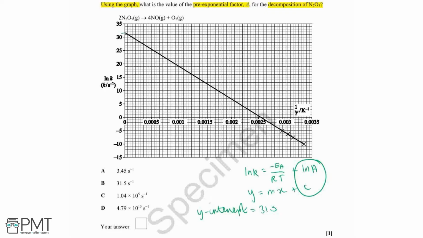So that means that ln A is going to be 31.5, but we just need to work out what the value of A is. So to work that out, we do e to the power of our value, and that cancels out the ln. So A is going to be equal to e to the power of 31.5, which in your calculator will give a value of 4.79 times 10 to the 13, and that's in units of seconds to the minus 1.